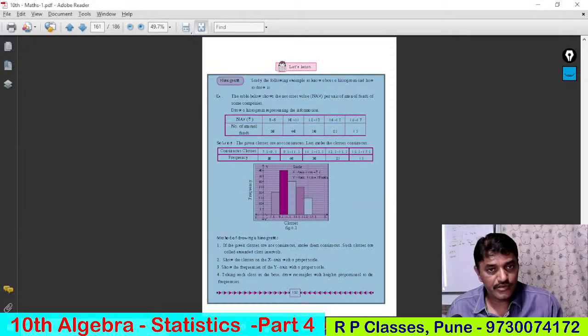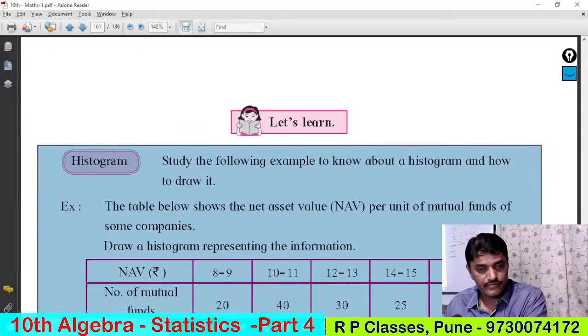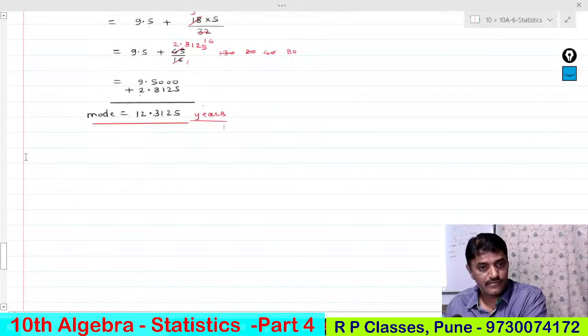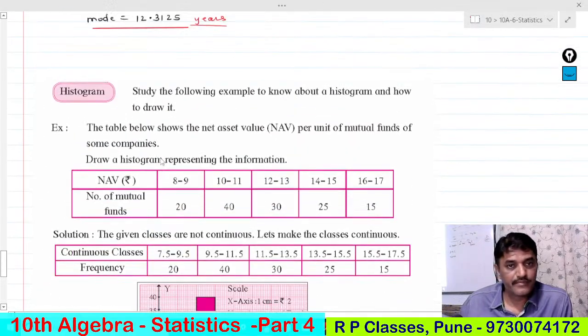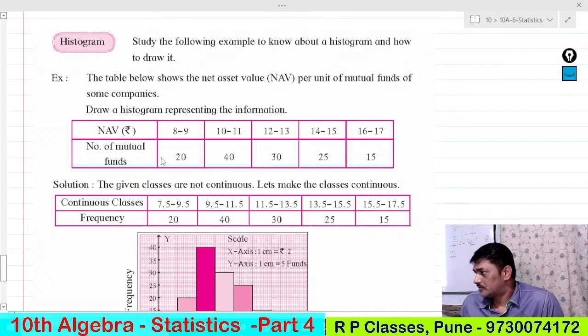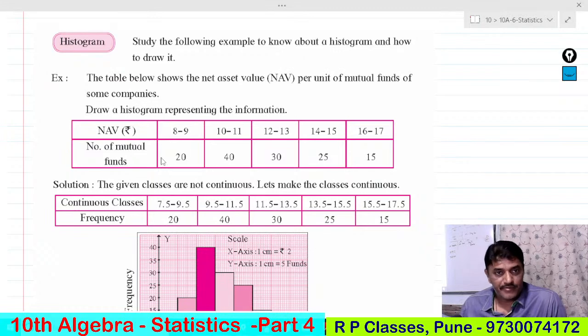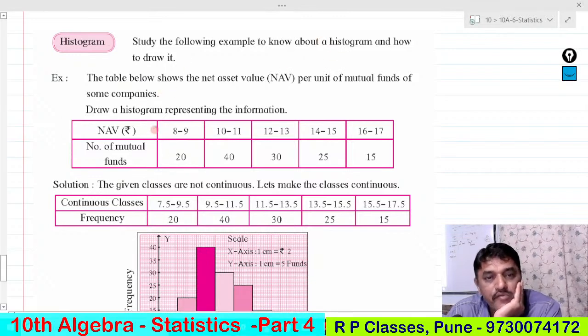Histogram. So you need the graph paper for that. So from the next lecture, we'll bring the graph paper. To study the following example to know about histogram, this table is given.